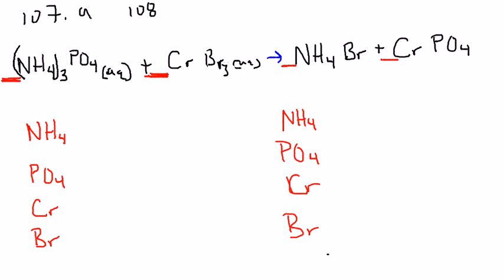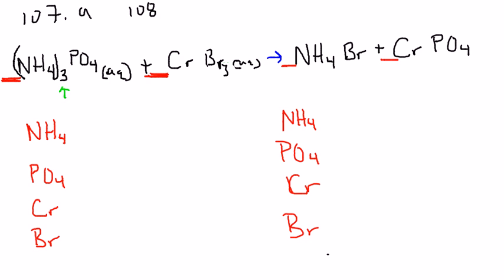So I'm going to locate the most complex molecule in this equation, and it looks to me that the most complex molecule is this one right here. I have 3 ammoniums and 1 phosphate, so I have 4 total players. Now remember, treat each one individually. So for ammonium, I have 3.